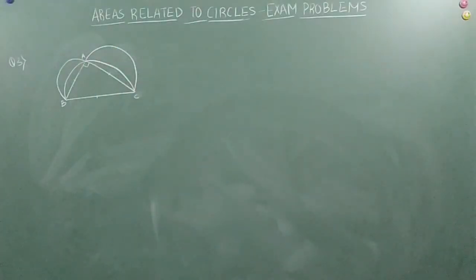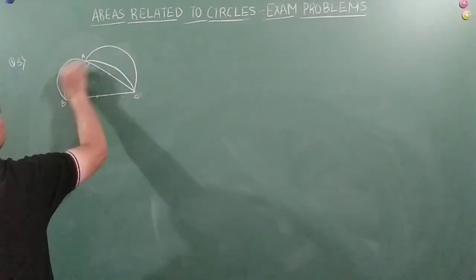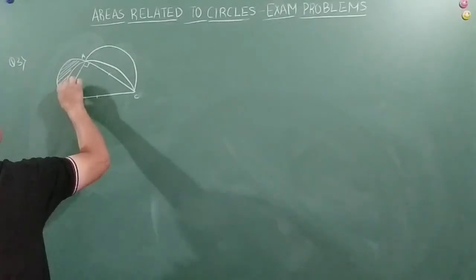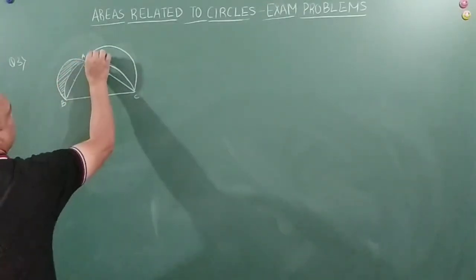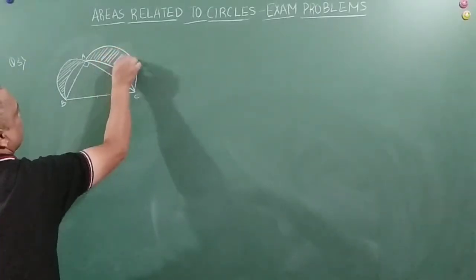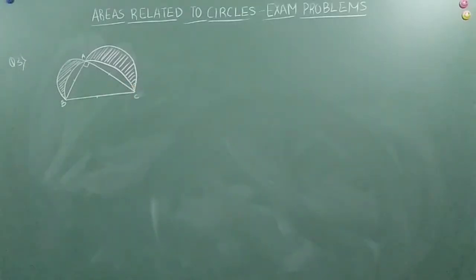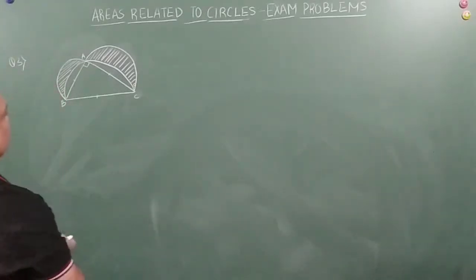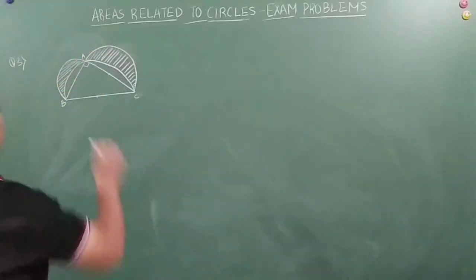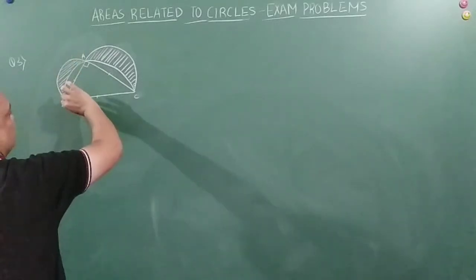We are expected to find the area of the shaded region, and the shaded region is like this. So the region which I am shading it now is the shaded region for which we are expected to find the area. Right? So how do we basically do it? Okay friends, so let's first find out.